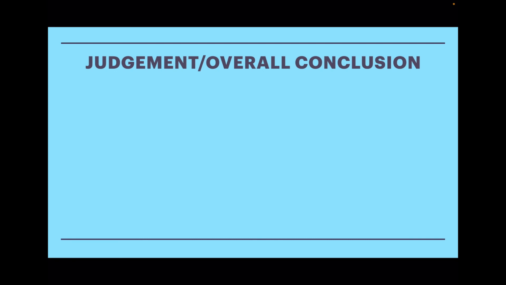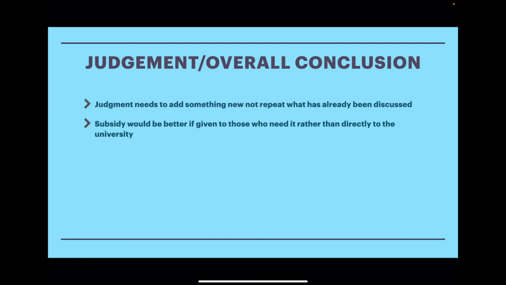If everybody benefits from the subsidy, then it's not shrinking the gap between lower and higher income households. Whereas if you give the subsidy only to those that need it, only to the lower income households, that is then going to persuade more of the lower income households to go to university. So we've said the subsidy would be better if given to those that need it rather than directly to the university.